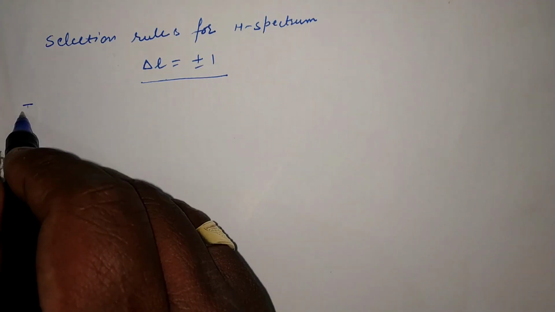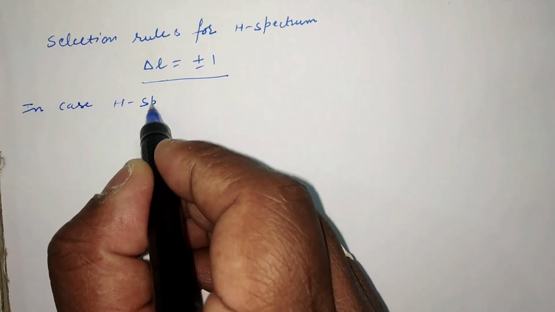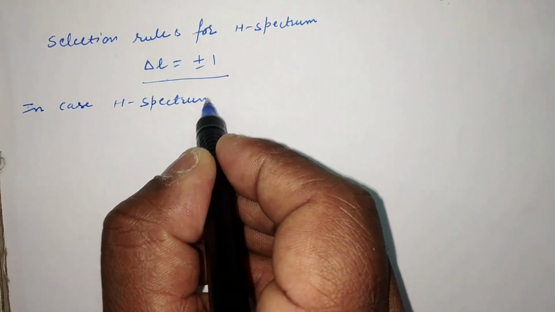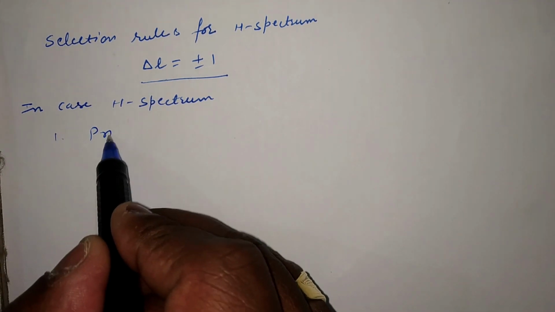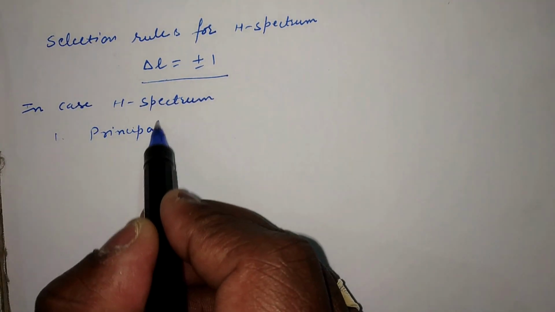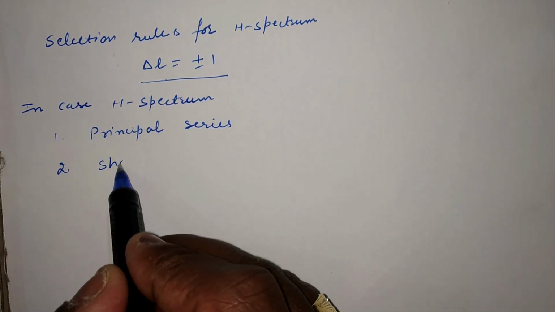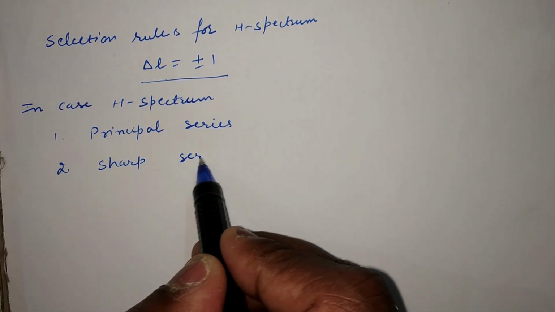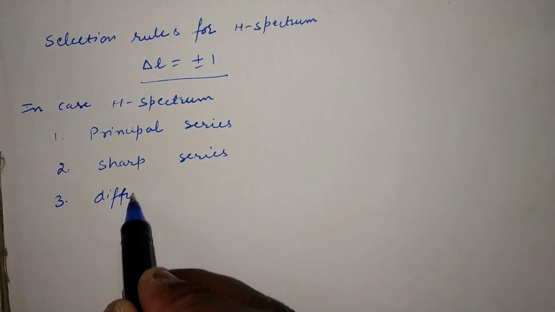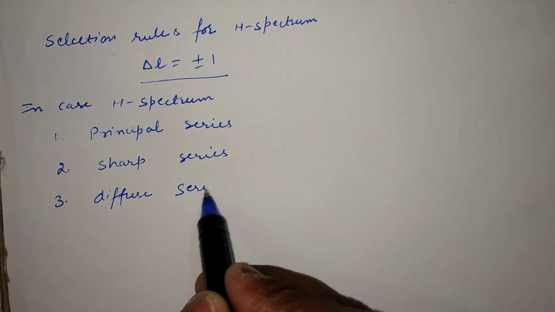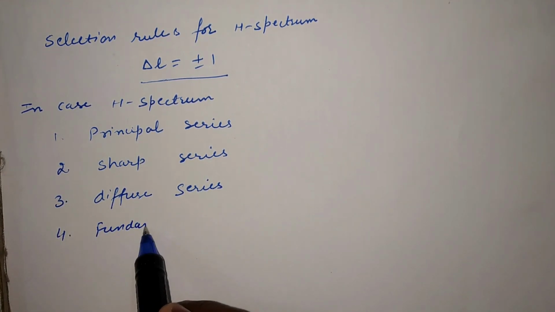In case of hydrogen spectrum, we have mainly 4 series. The first series is called the principal series. The second series is the sharp series. The third series is the diffuse series. And the last one is the fundamental series.